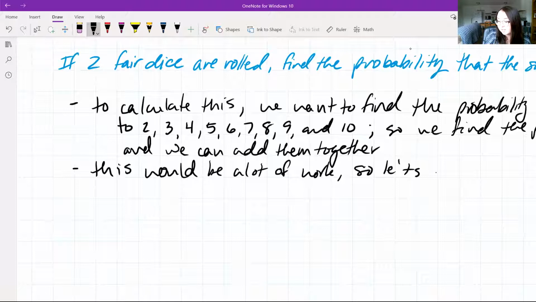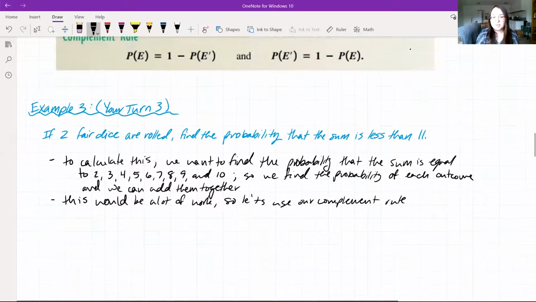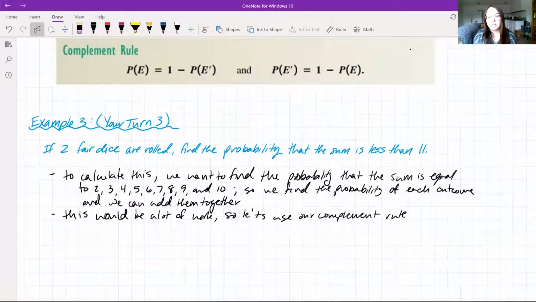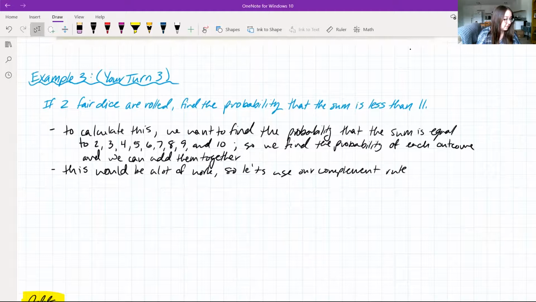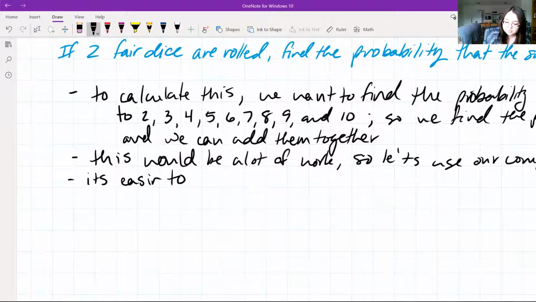So let's use our complement rule. We know our complement rule allows us to find the probability of E, if we set this equal to 1 minus the probability of E prime, or the probability of E prime is equal to 1 minus the probability of E. So what we can do instead is easier to find.